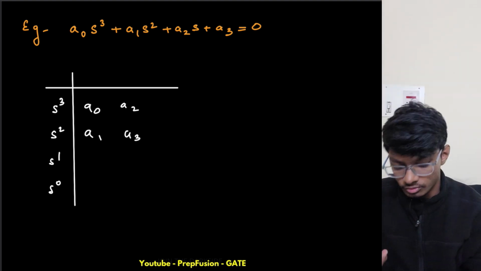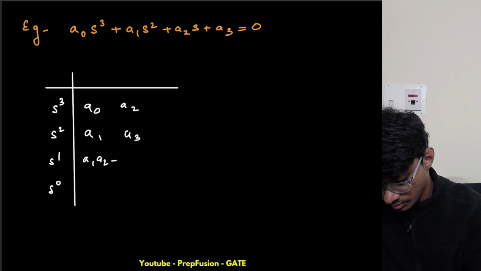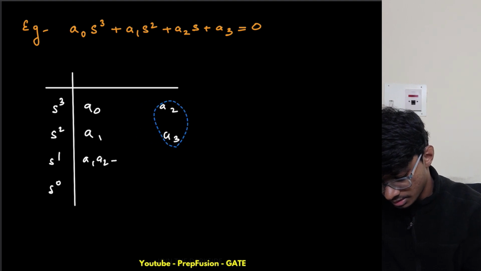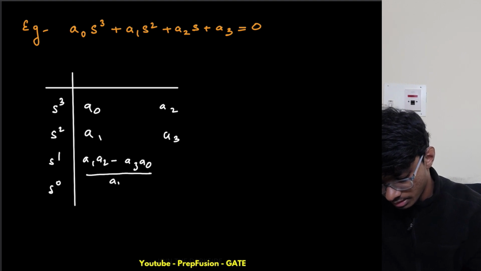Now if I compute the Routh table, I get this term as (a1 a2 minus a3 a0) divided by a1. And the last row is 0 only, so the last row will be only this one.